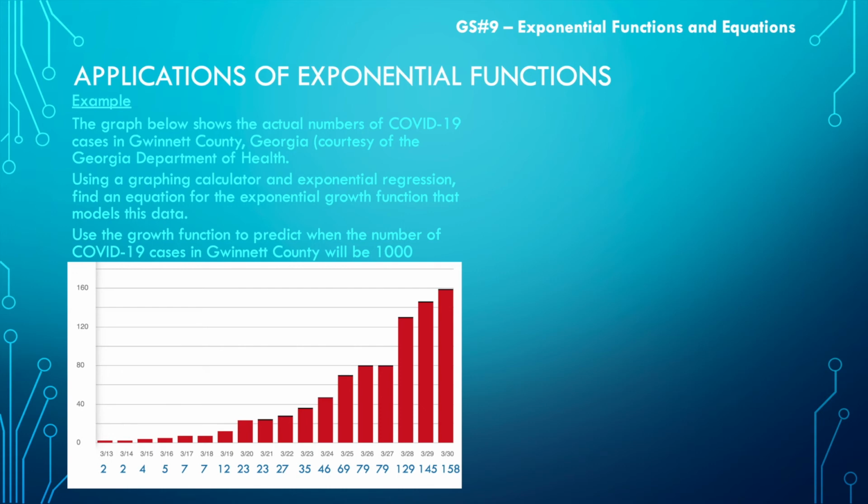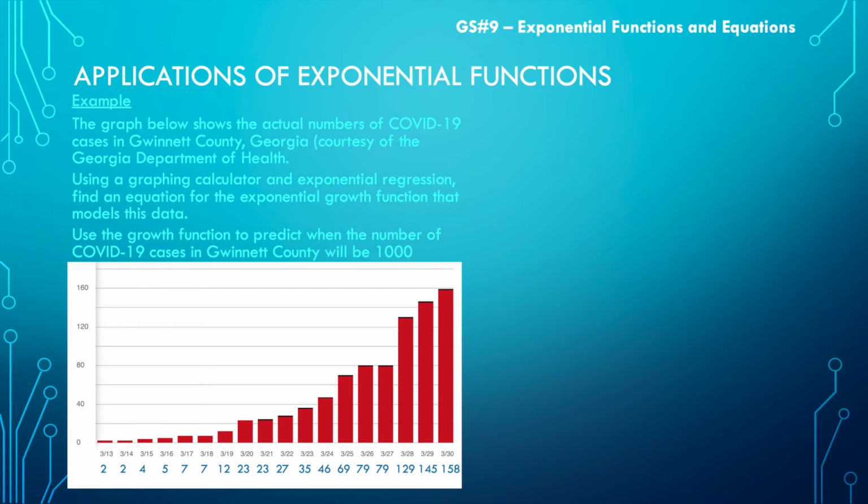Okay, and so we're going to use a graphing calculator and exponential regression to find an equation for exponential growth that models this data. So we're going to use a calculator and let that determine the function for us, and then use that function to make a prediction. Okay, so let's go ahead and look at this.